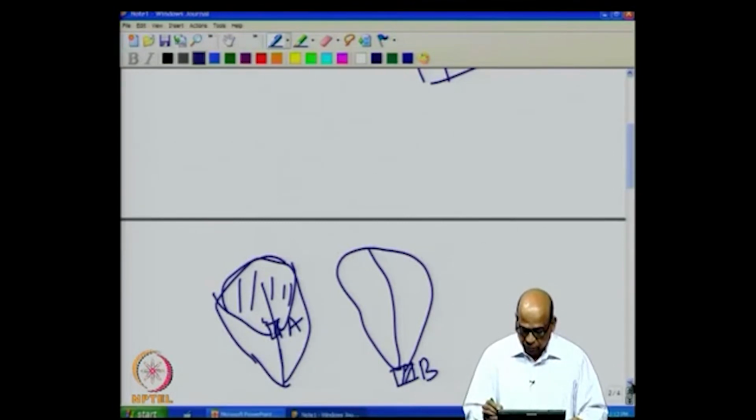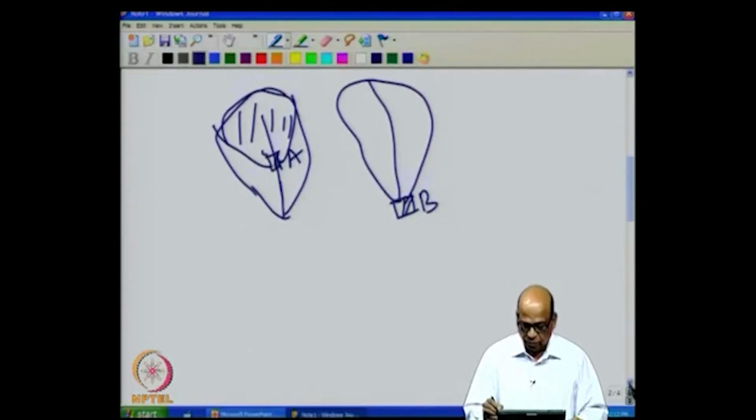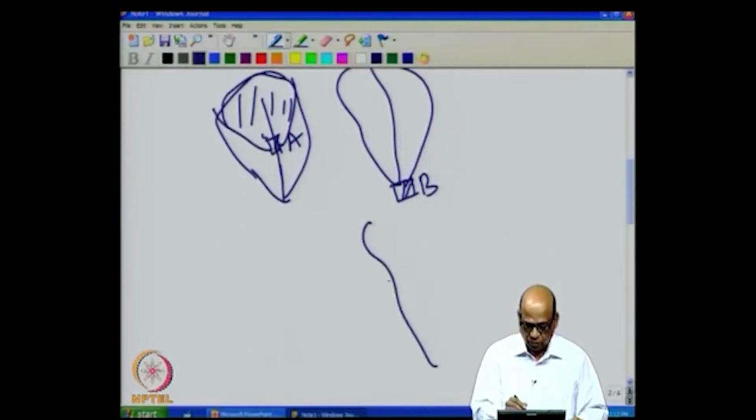Now, typically we do this when we are analyzing large water resource systems, where there is one gauge here and there is another gauge here, and maybe perhaps you have another gauge here like this, and the flow directions are like this. Let us say this is the flow direction.